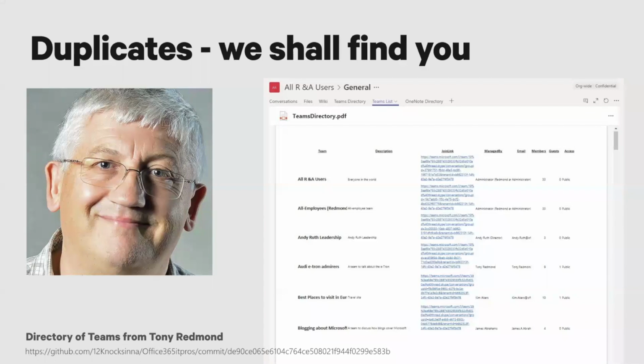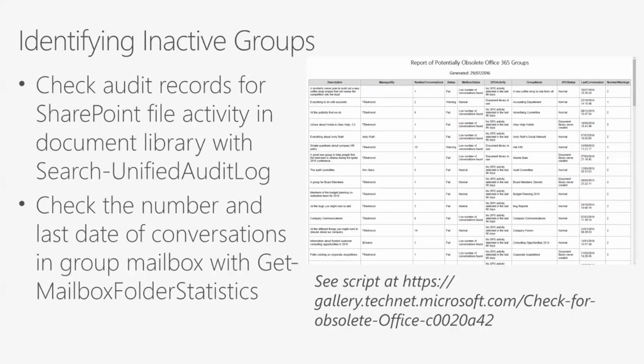So hopefully this helps you out, because the challenge here in finding duplicates is there's no real method to do so, but it's also hard to find inactive groups for your lifecycle management. How do you know when they're no longer good is going to be a challenge for you, because you can't just look at the last modified date of SharePoint or whether or not they're using Teams in the chat, because they could be using Power BI, they could be using Planner, they could be using the mailbox, they could be using Microsoft Forms only.